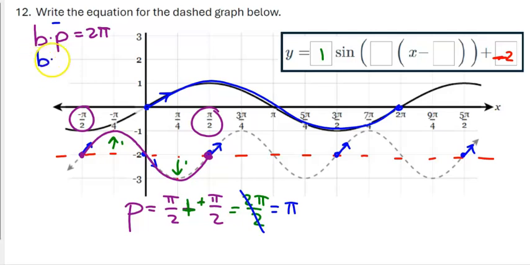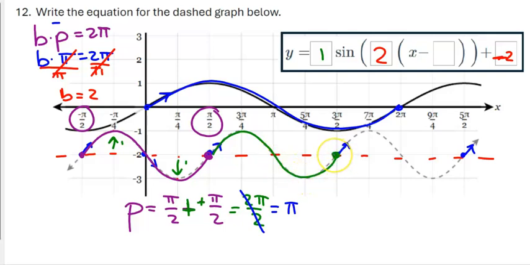So it's b times pi equals 2 pi. So if you need to do the algebra, that's fine. So divide both sides by pi. So b is equal to 2. So if I would do the length of 2 pi, it would take 2 of those to do that.